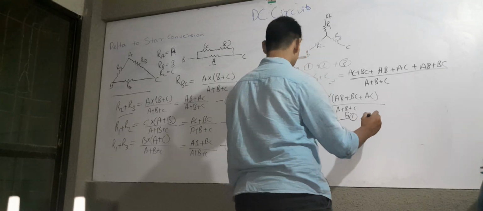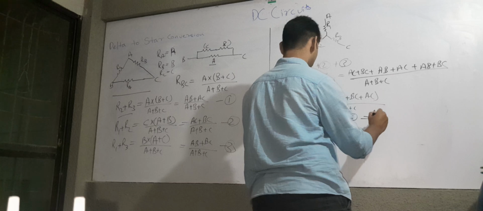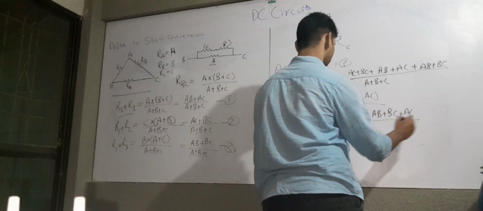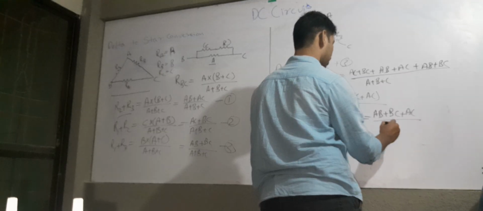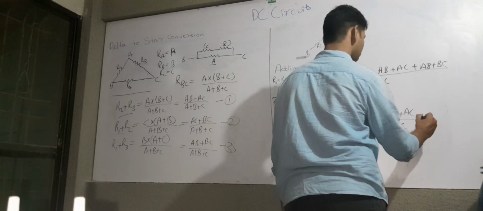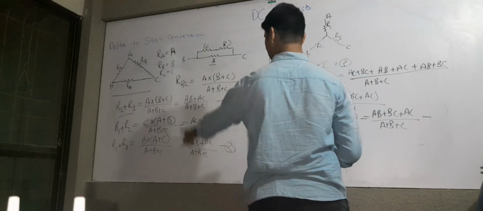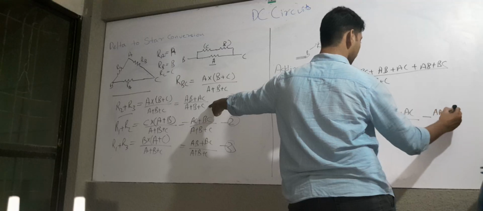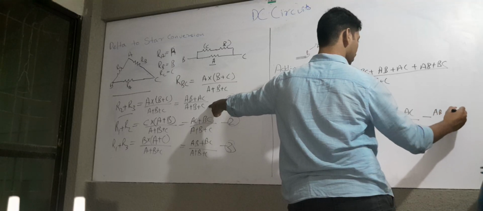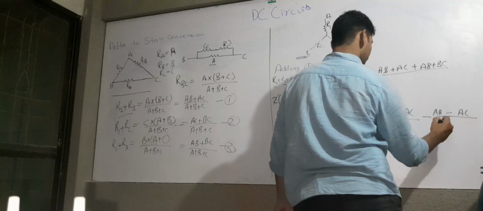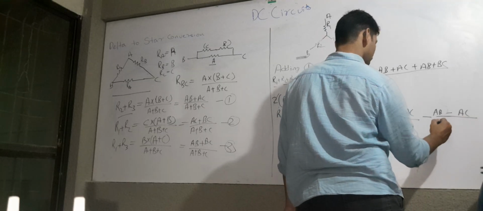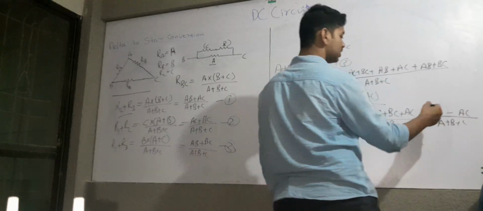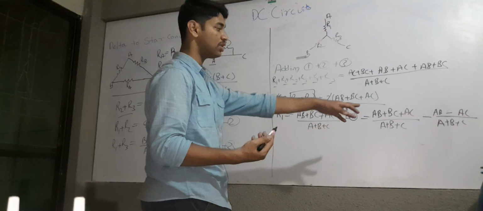So that would be equal to AB plus BC plus AC divided by A plus B plus C minus, now we subtract this, AB minus AC upon A plus B plus C. Note, I have just multiplied the minus 1 inside as well.